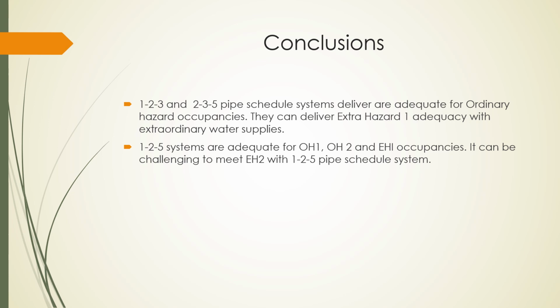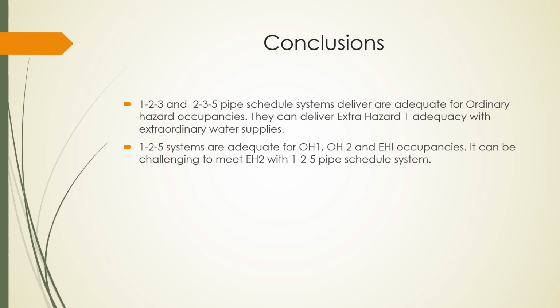And we're going to discuss water supplies in the next presentation. And they can deliver extra hazard 1 water supplies with a very strong water supply, and we proved that in the last video. The 125s are adequate for obviously the OH1s, the OH2s, the kind of low to moderate fire loaded facilities, and the EH1s.